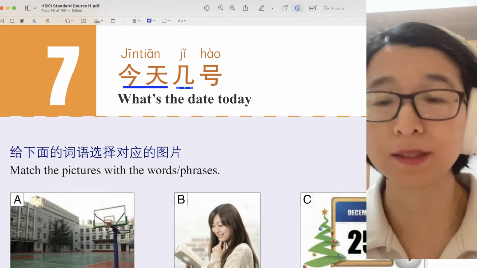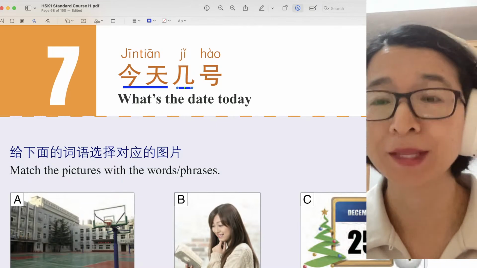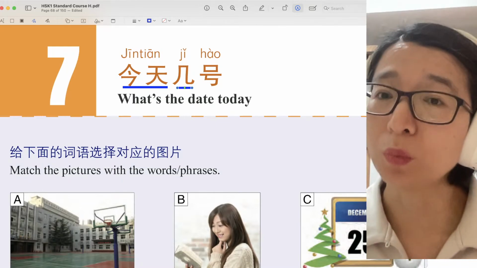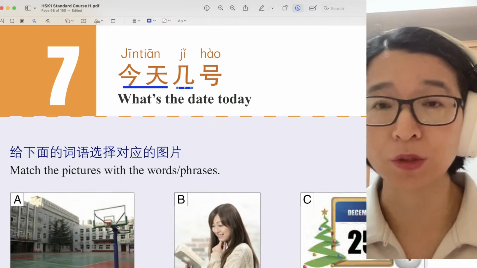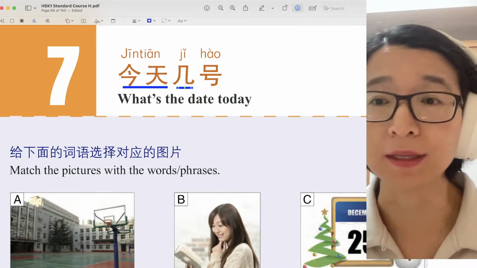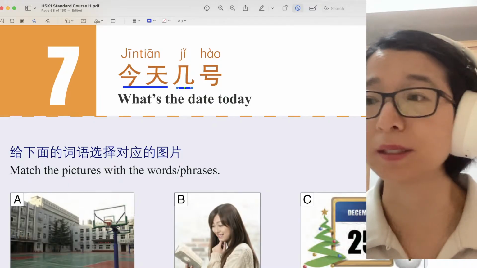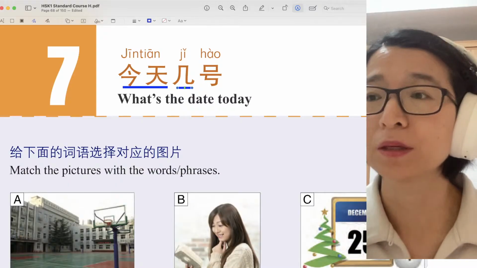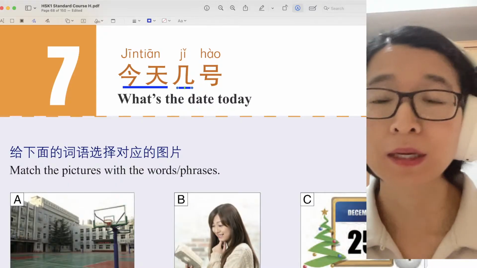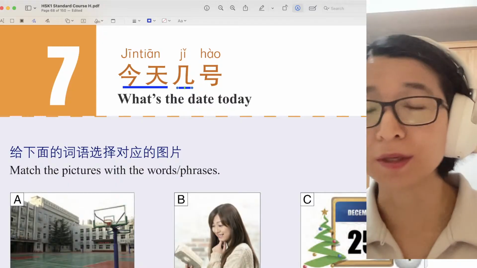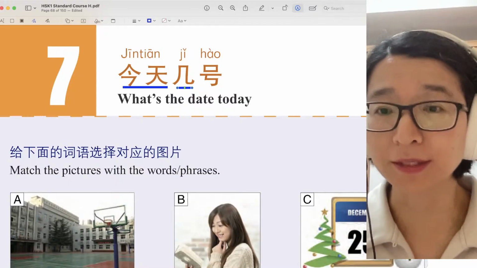Okay, now let's say the next word, 几. What does it mean? Remember, when you want to ask someone's age, what do you say? You say 你几岁, right? Especially when you want to ask a little kid's age. So here, the same.